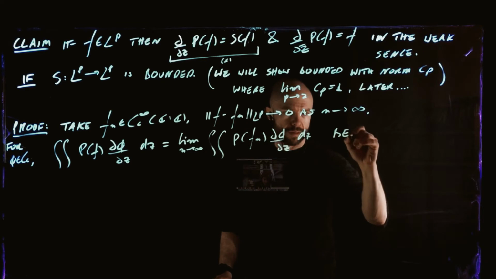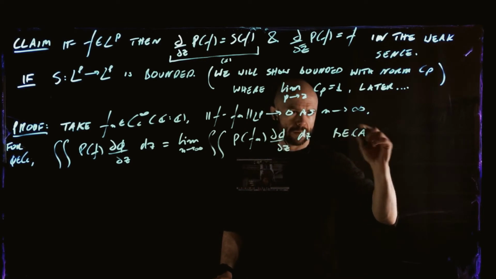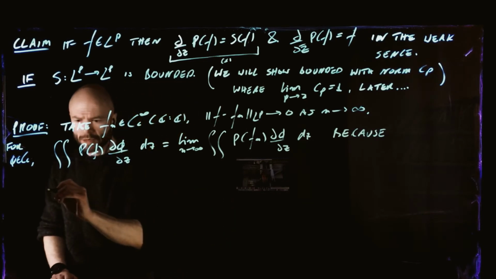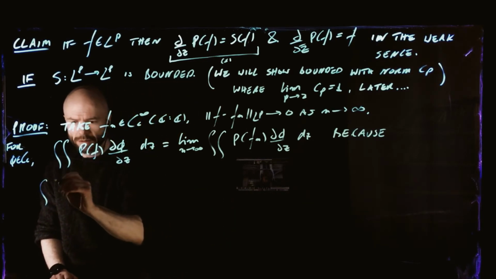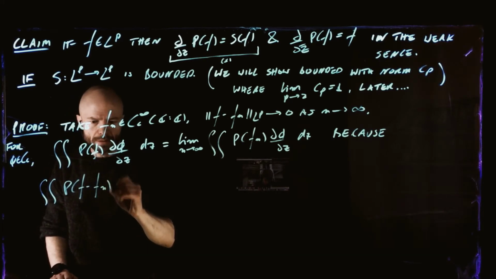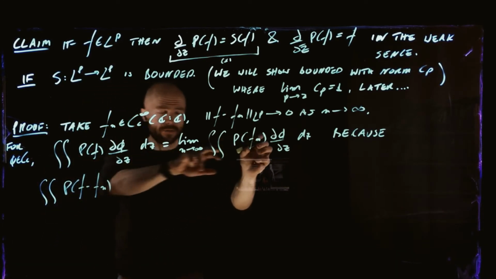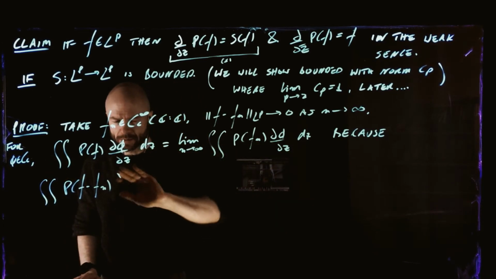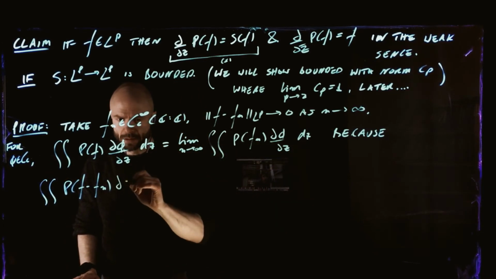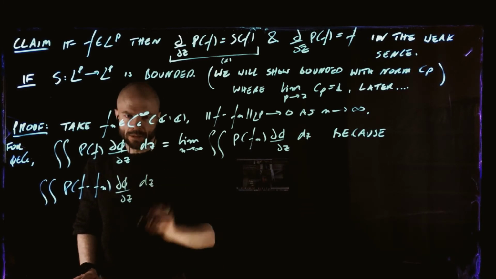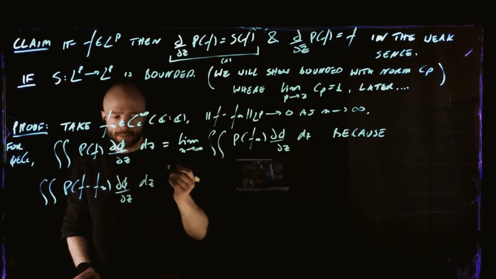Because if we consider the difference between these two guys, this is a linear operator, so the difference for any finite n between this thing and this thing, we can write like this, right? And then what is this?